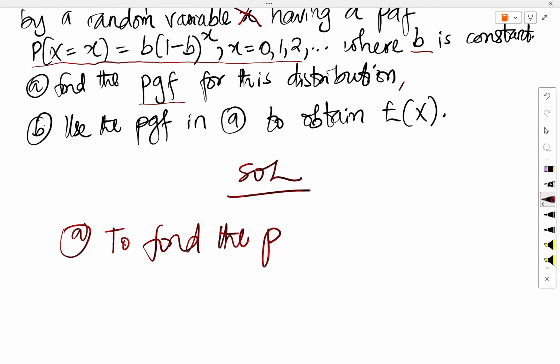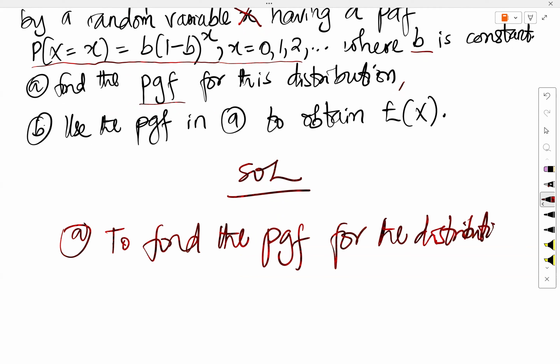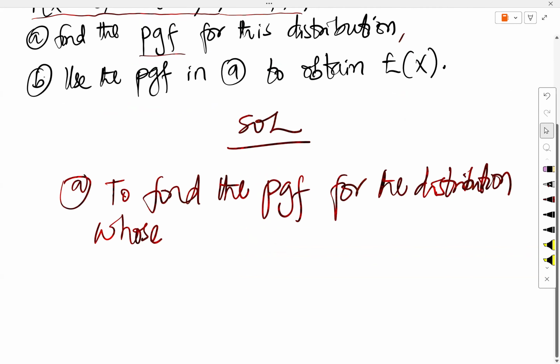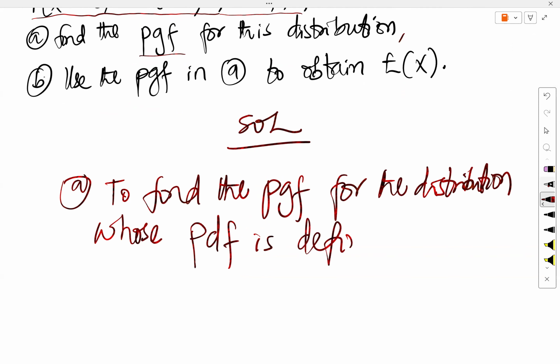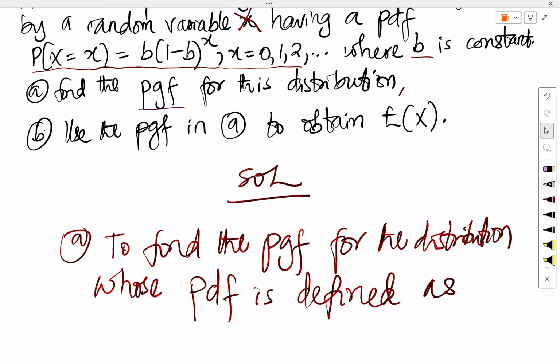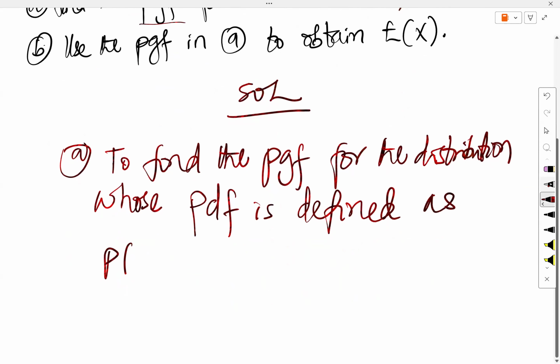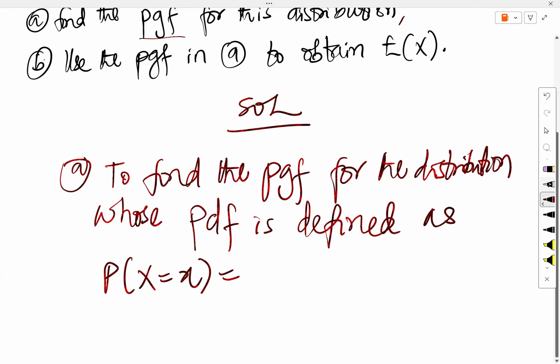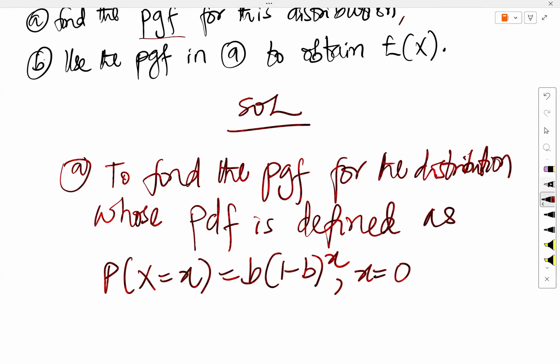So we want to find the probability generating function for the distribution whose PDF is defined as what you have there: P of X equals x is equal to b into 1 minus b raised to power x, for x equals 0, 1, 2, and so on and so forth.